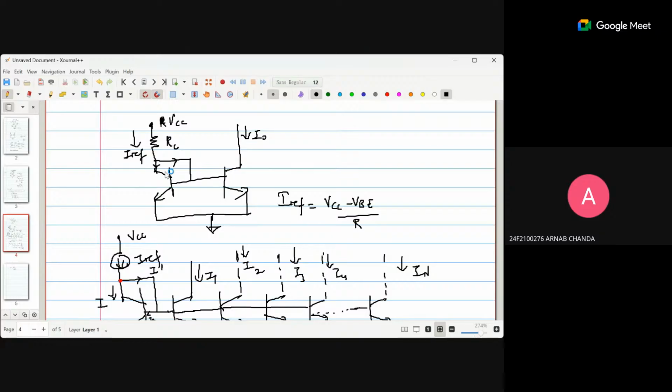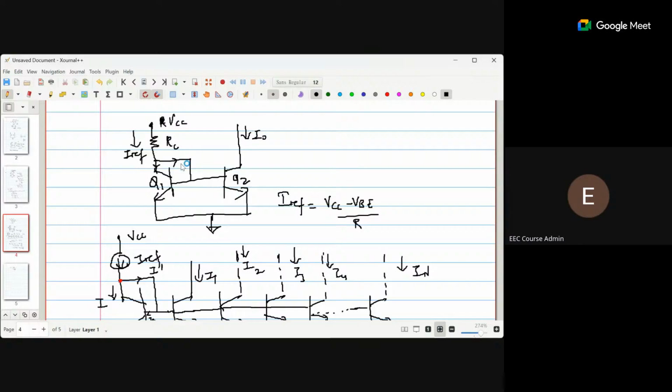Right. And here also, if I label this transistor as Q1 and this as Q2, Q1 is diode connected. So you can just relate this current with respect to the diode current I am talking about right now, e raised to VBE by VT.